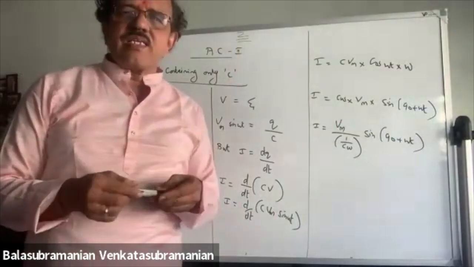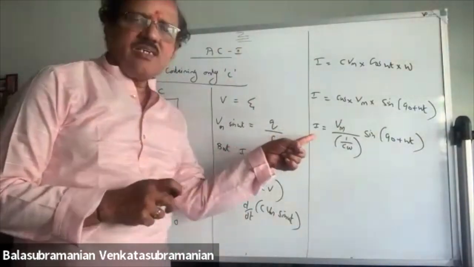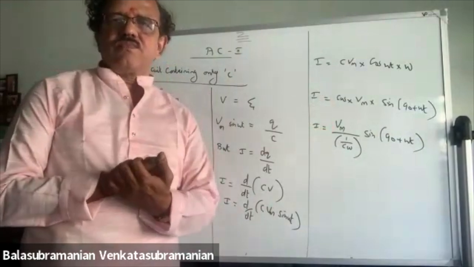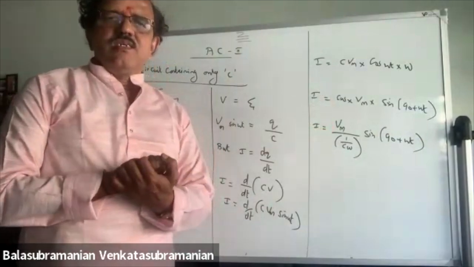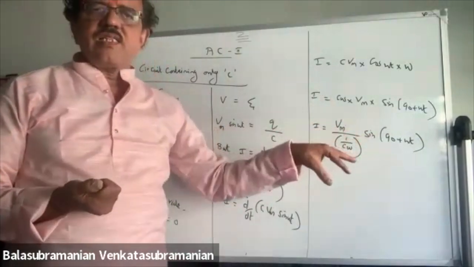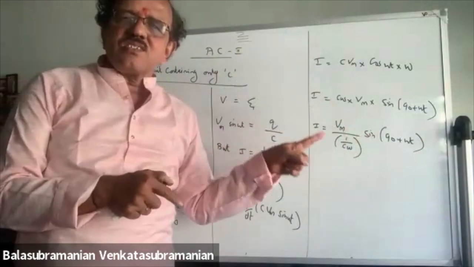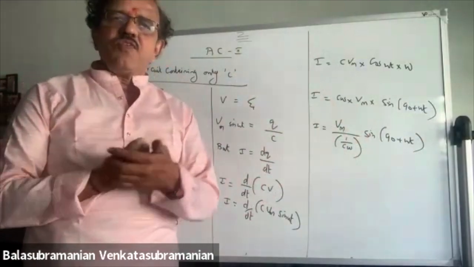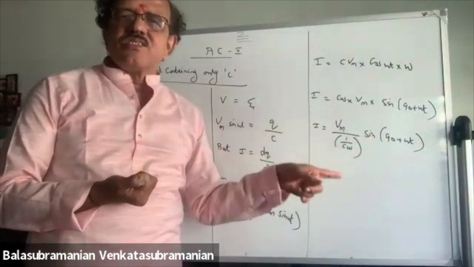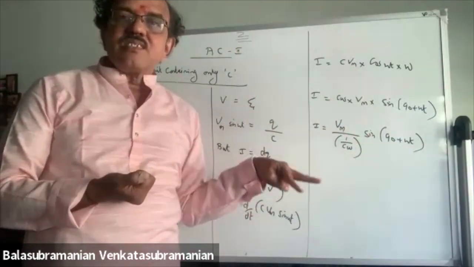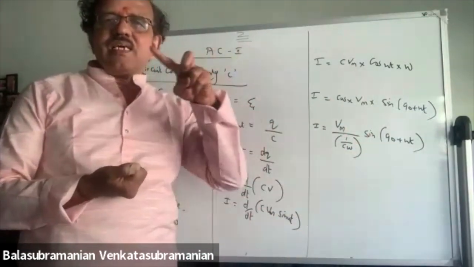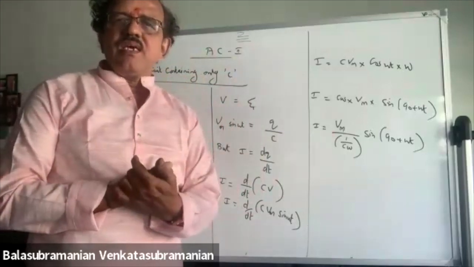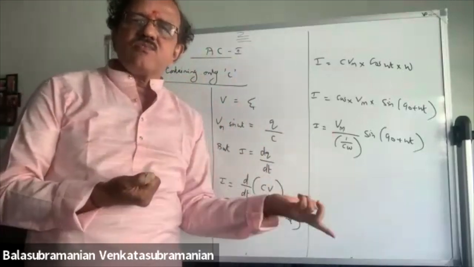Why we have to write like this? Current is equal to voltage by resistance, so something should be there. That something should be the resistance offered by the capacitor. As we have mentioned in inductor, this is called capacitive reactance. There XL, inductive reactance, we have seen. Here XC, capacitive reactance.